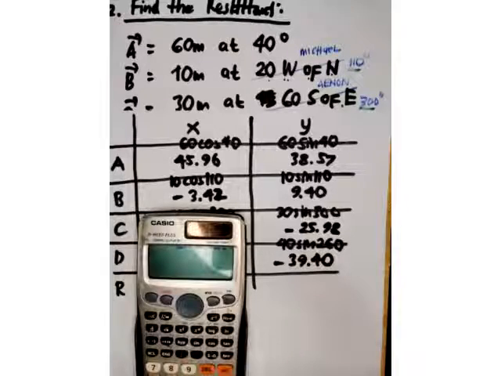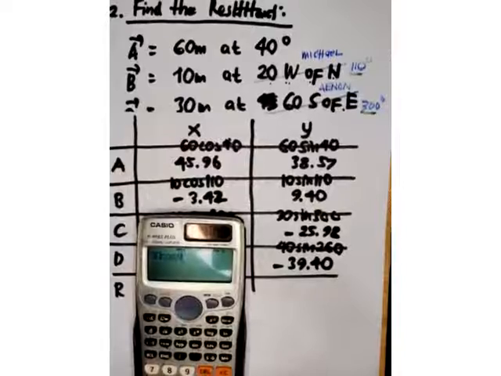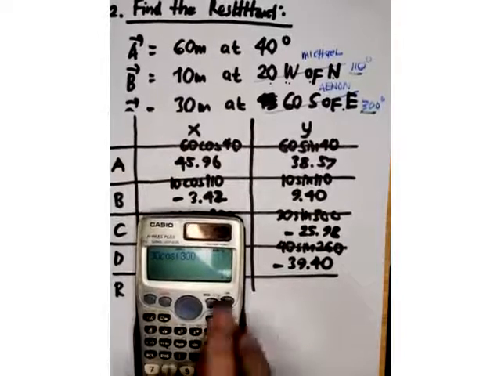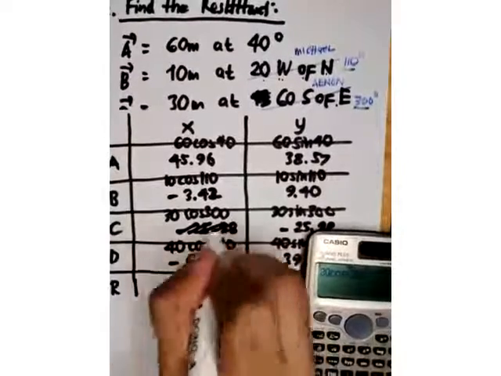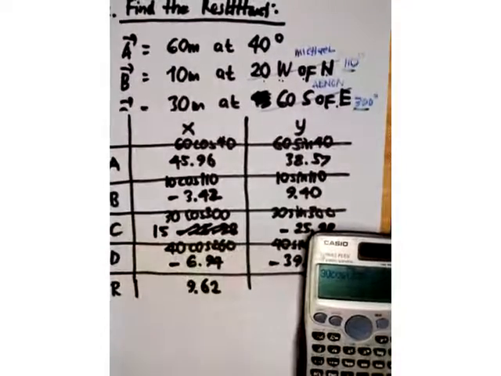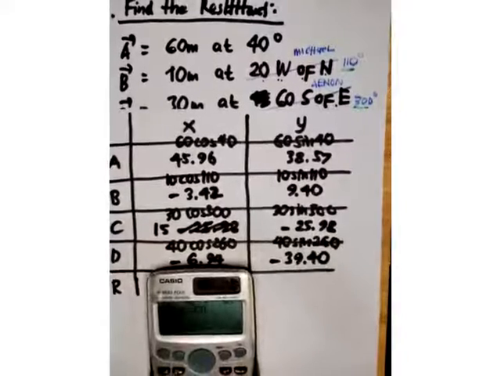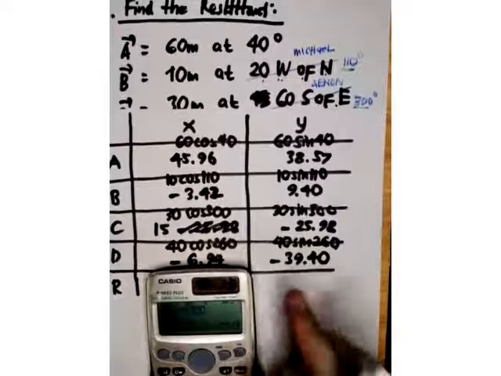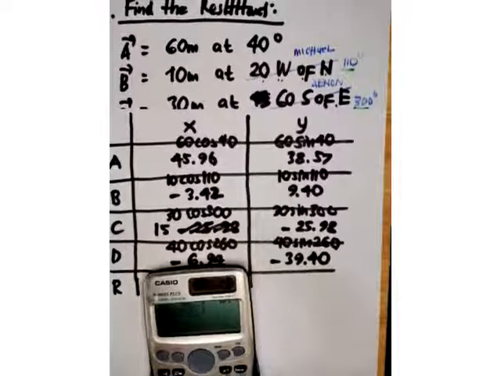Type mo, 30 cosine 300. Oh, so that's 15. It's not this one. So it should only be 15. Ayan. And then yung isa, sine. 30 sine 300.